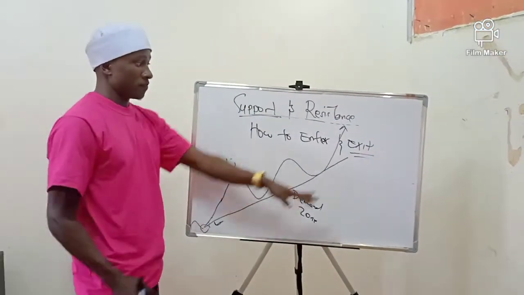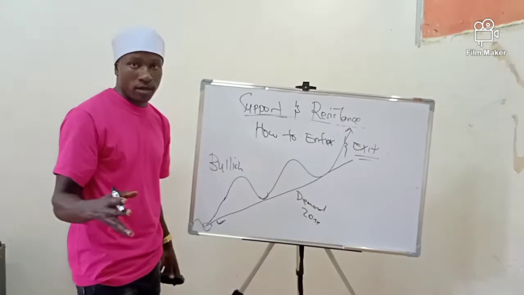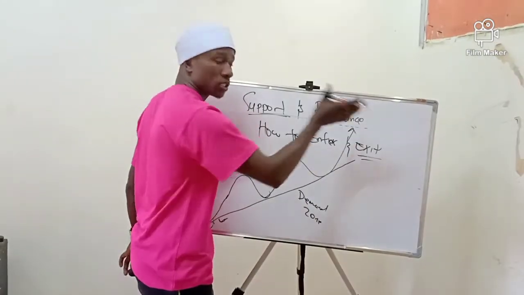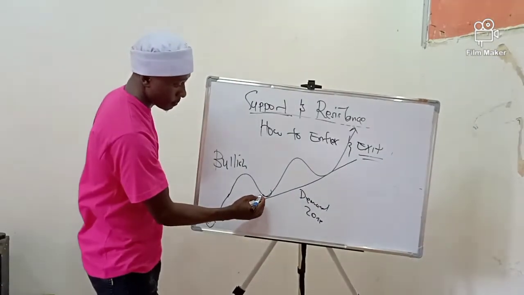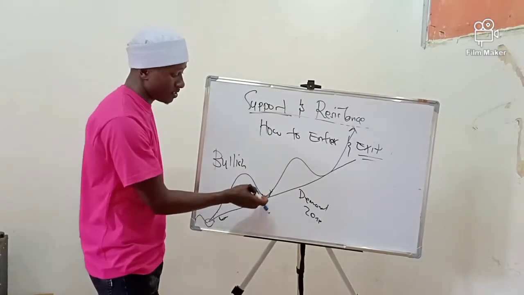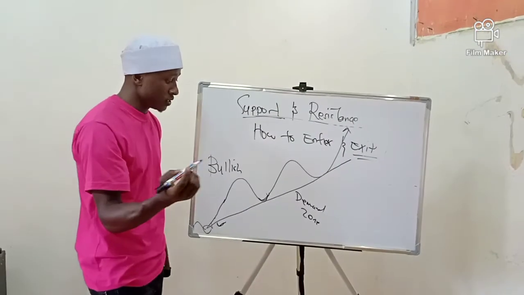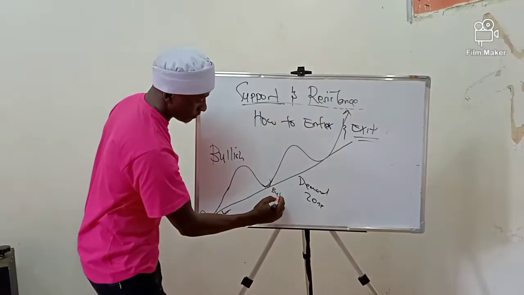So how to exit. In this case, we've said you will want to buy. The market is on a long-term bullish. So after here, the market forms bullish candlesticks or a given chart pattern, and the market is to be bullish, you will want to buy here.